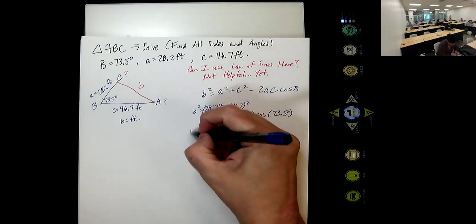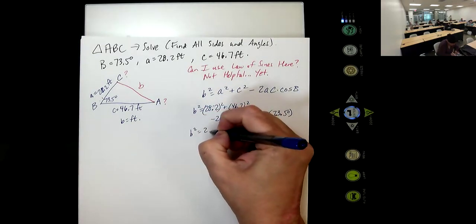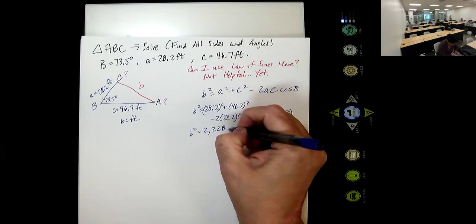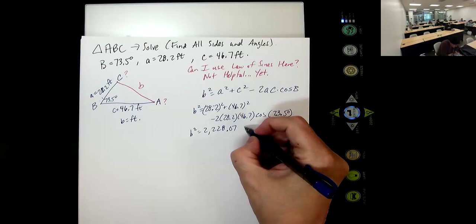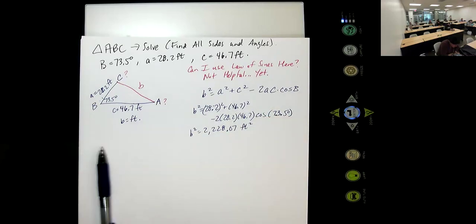So my initial run, I'm getting B squared is 2,228.07. Let me try it again, make sure I get the same answer.